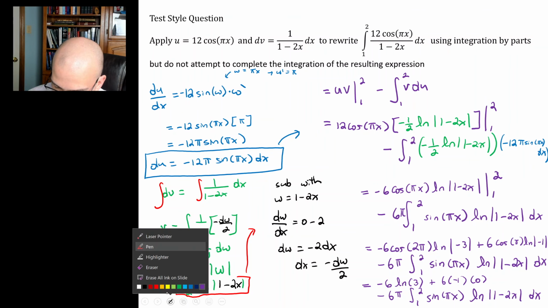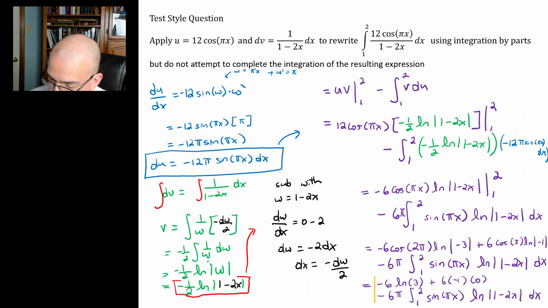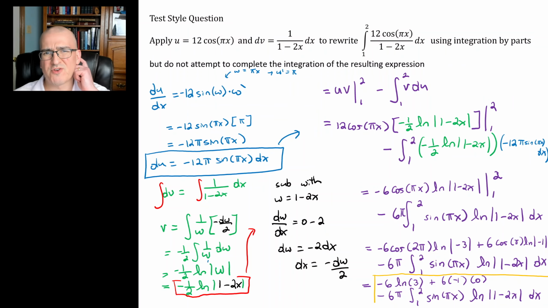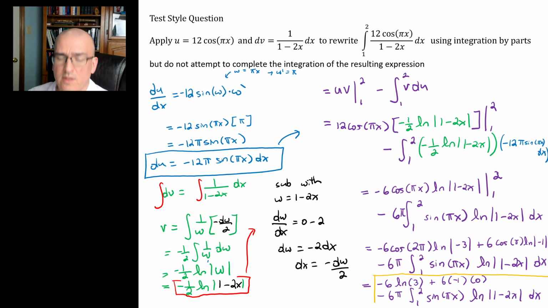I ran out of space, but the only thing I would do in the next line is get rid of that 0 piece, because it's not contributing to it.